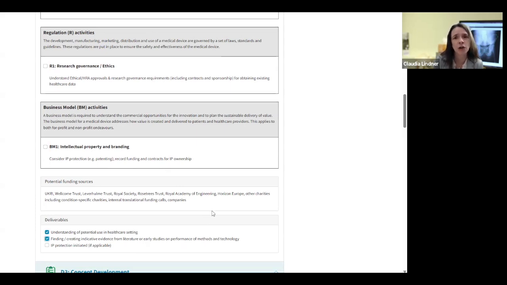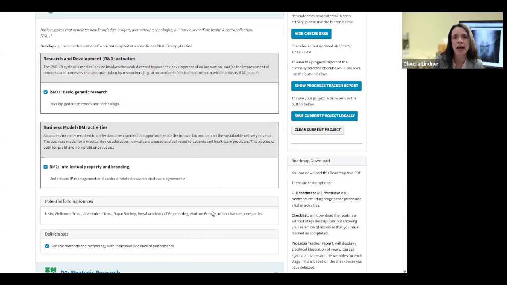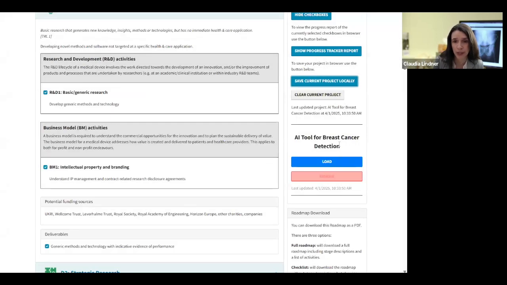And so you can take this off, and what you can do then is save this information as a project. So there's a button, Save Current Project Locally, and you could call this, let's say we are developing maybe an AI tool for breast cancer detection. So you can save that project locally, and it will appear down here.